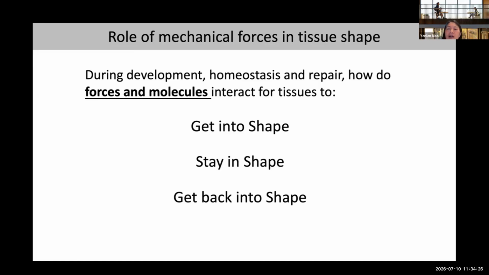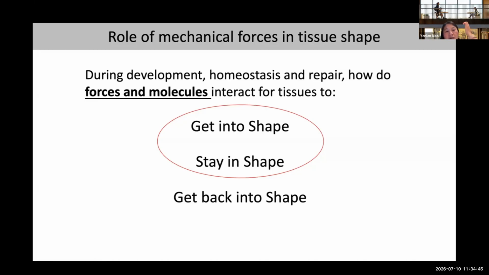And then finally, if we do get damaged, for example, injury, how do our tissues actually repair back into shape? But because of limits of time, I'll focus only on the first two aspects today. And if you want to talk about tissue repair, which is another major angle in the lab, I'm happy to discuss this separately another time.